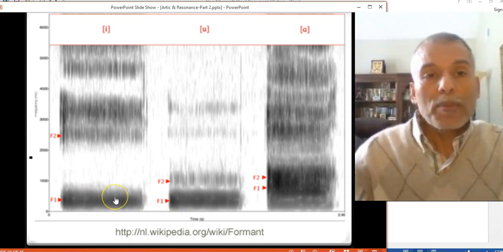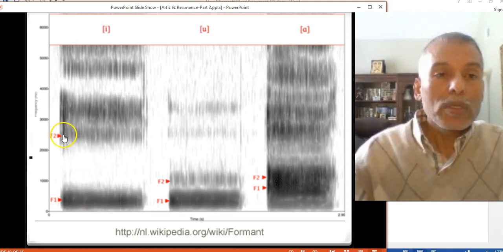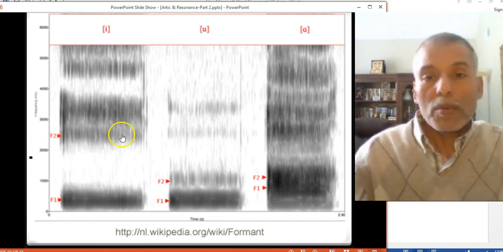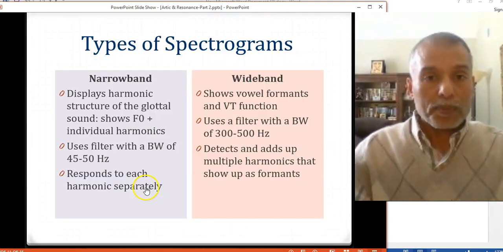So again, the spectrogram shows you the formants for each one, with the lowest formant on the bottom, and then as you go up, it shows the higher formants. And the darker the band is, the greater the intensity, or the louder the sound is.